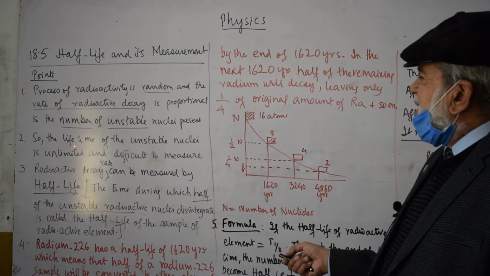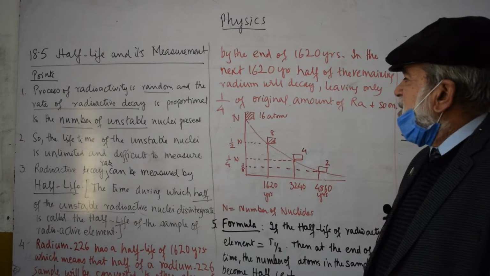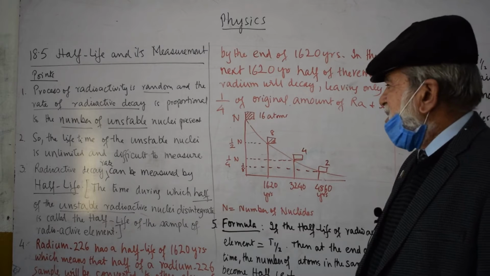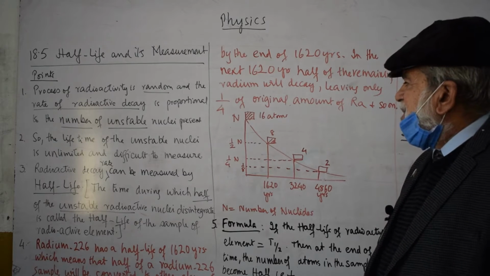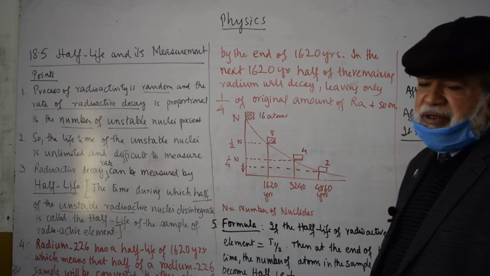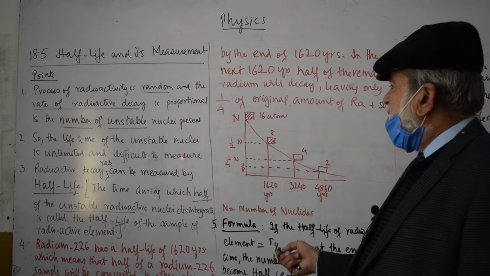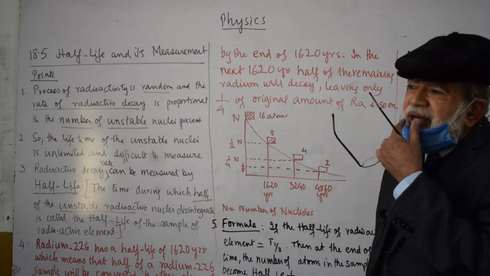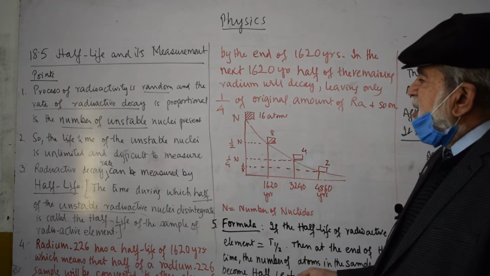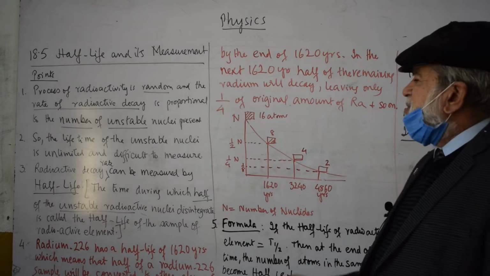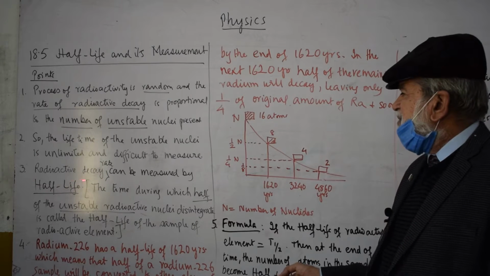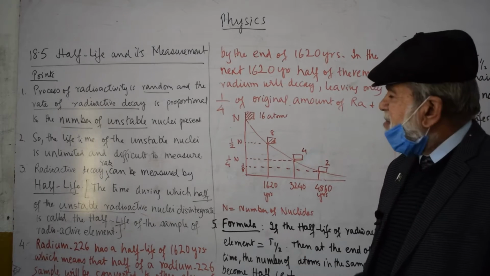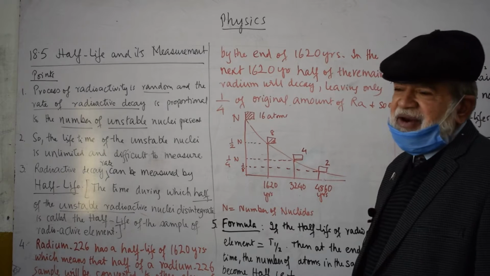So the lifetime of the unstable nuclei is unlimited and difficult to measure. By this we mean how much of the sample will decay after a certain time. This problem is solved because the radioactive decay rate can be measured by half-life.